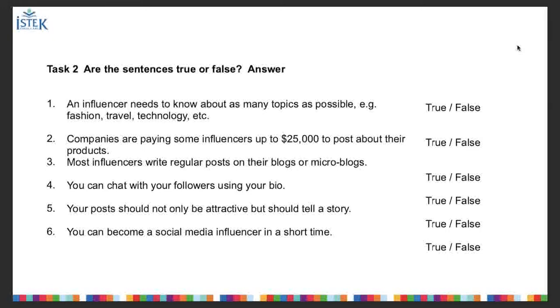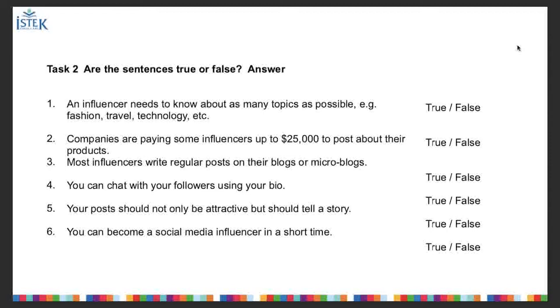Number 1, an influencer needs to know about as many topics as possible, for example, fashion, travel, technology, and so on. Number 2, companies are paying some influencers up to $25,000 to post about their products. Number 3, most influencers write regular posts on their blogs or microblogs.